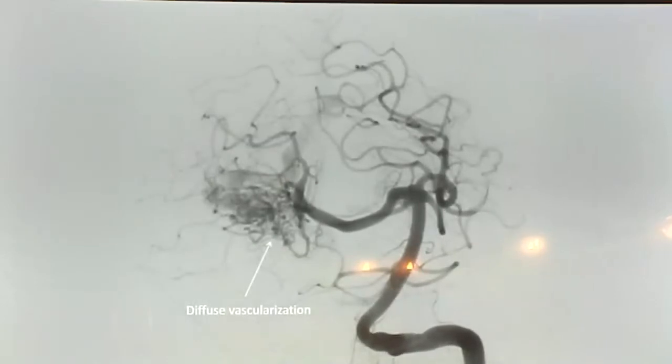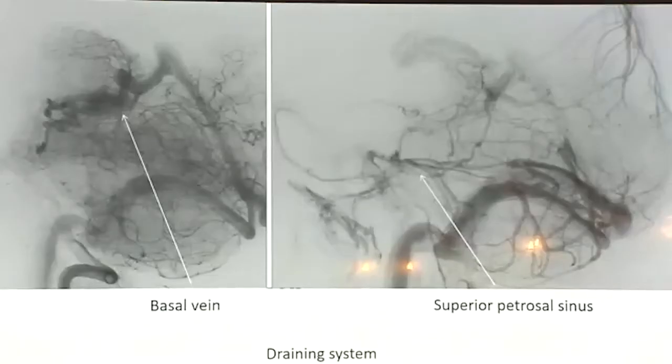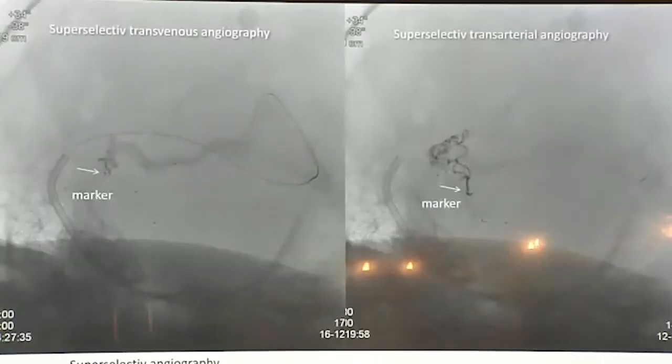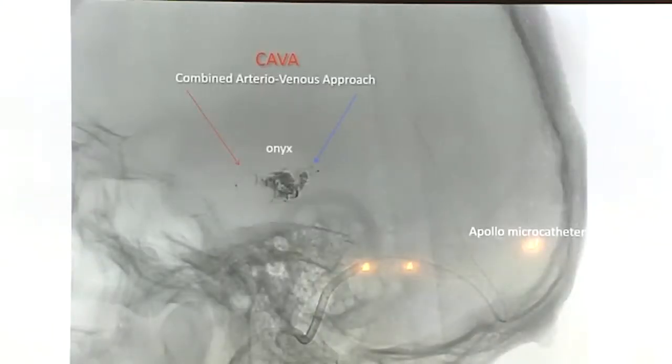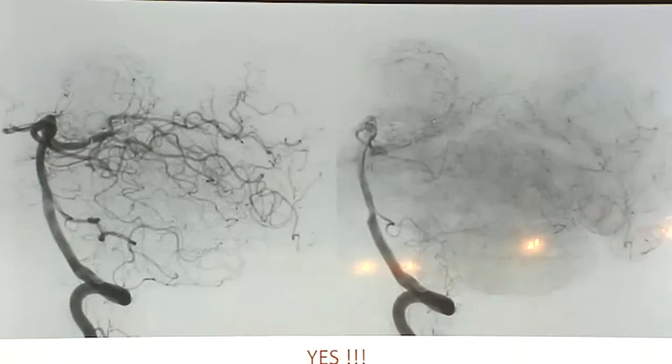It's impossible to catheterize all the feeders and embolize. The draining venous system is the basal vein and superior petrosal sinus. The transvenous approach is a narrow route for catheterization of the venous system, so a combined transarterial and transvenous approach, an arteriovenous approach, is used. You can see the result after one procedure.